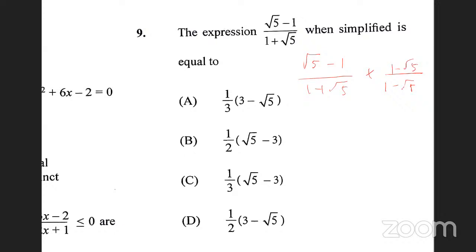Right, so you know what the denominator is. The denominator is 1 minus 5. The numerator will be root 5 by 1, which is root 5. Root 5 by minus root 5 is minus 5. 1 by 1 is minus 1 by 1. And then minus 1 by minus root 5 is plus root 5.